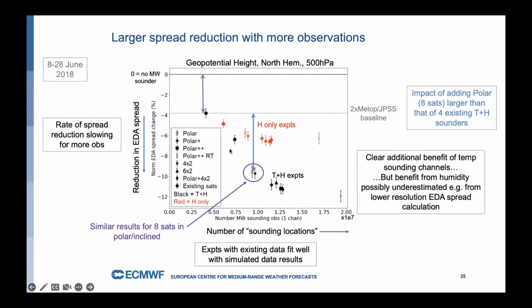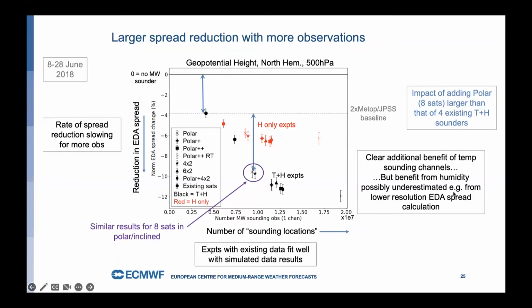The black dots refer to experiments which have temperature and humidity channels assimilated, whereas the red colors refer to humidity-only experiments. The solid dots here are the ones with real data, and the other symbols are from the experiments with simulated data. So what you first see is that the slope in humidity-only experiments is smaller, so you have less impact when you only assimilate humidity, and a bit larger when you add temperature.